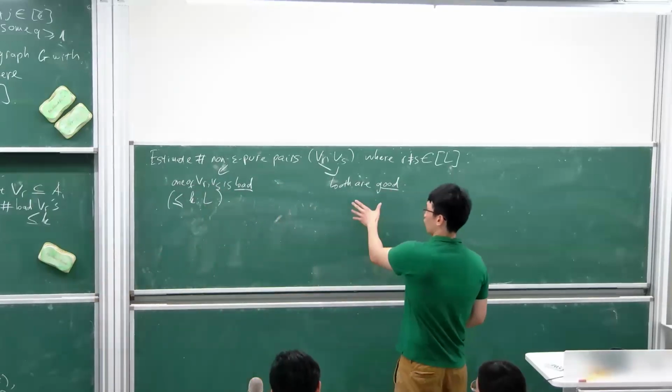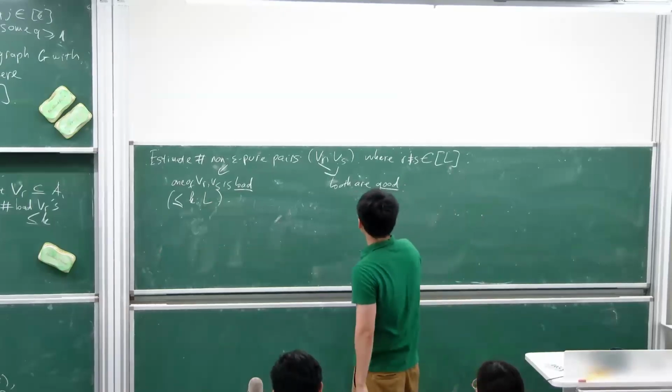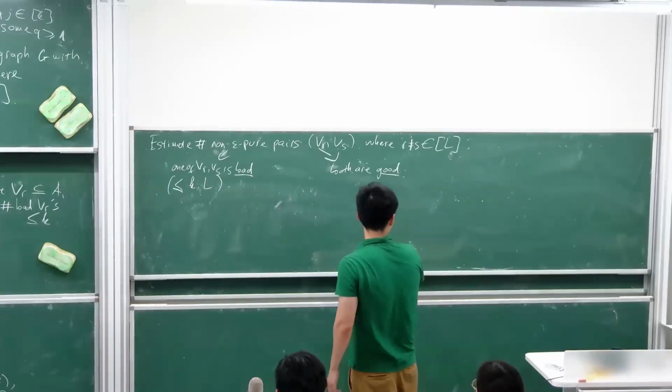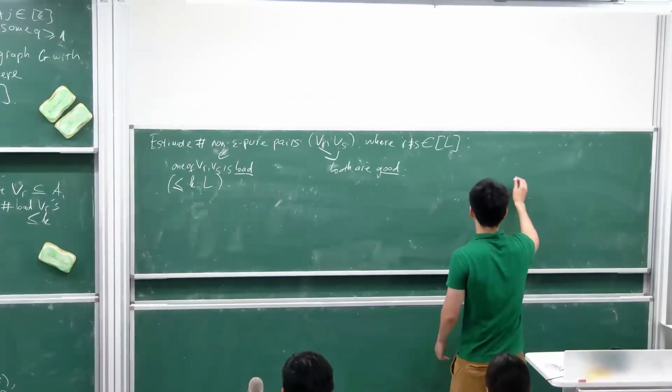So it remains to estimate the number of good pairs. So what do I do? Here's the picture.